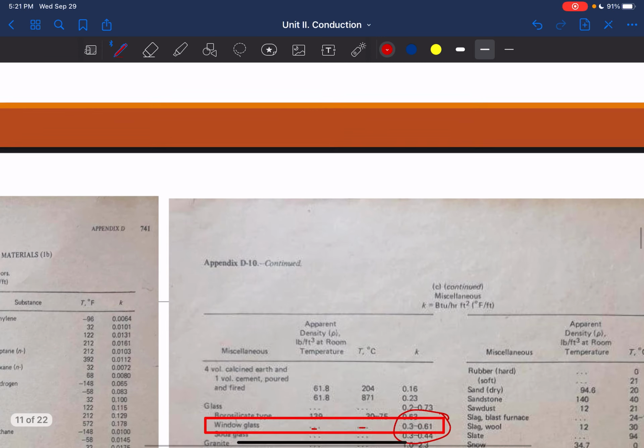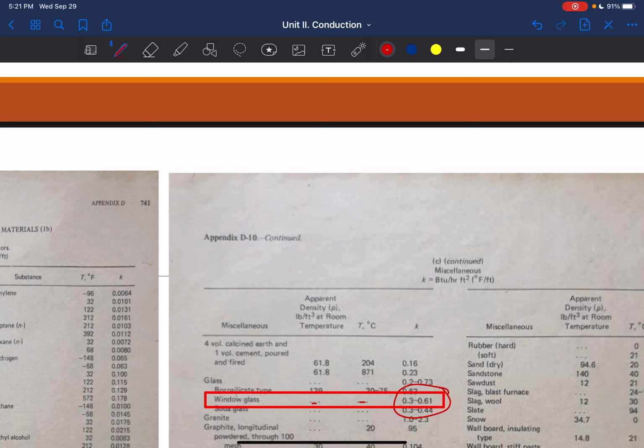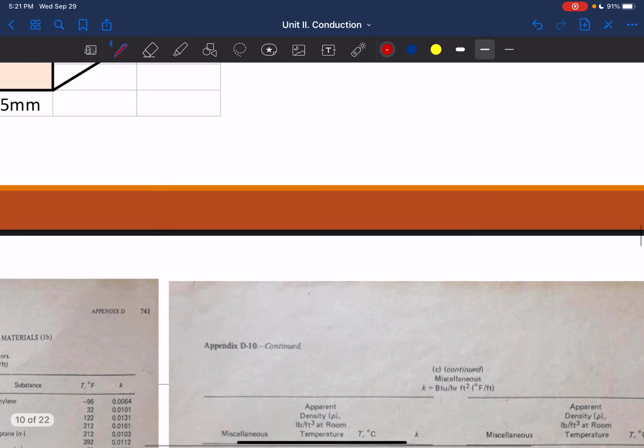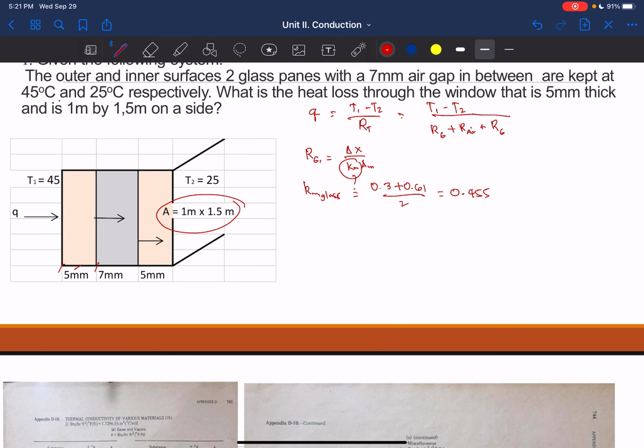Take note, this is given as BTU per hour feet degrees F. So since we are dealing with SI units, I need to divide this because for every 1 watt per meter Kelvin, there's 0.58 BTU per hour feet degrees F, because I need it in SI.